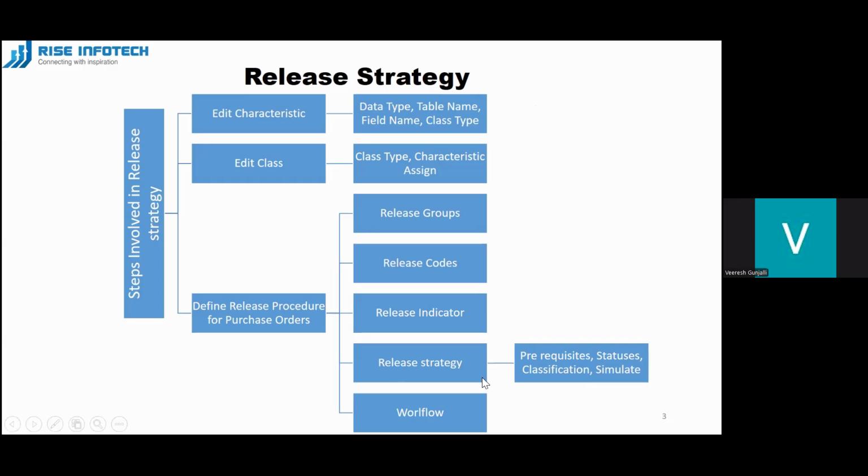Once this strategy is set, we can create the PO with the document type NB, the standard document. Then we can select the purchase organization, company code, purchase group and vendor, and create one PO. We can save it or post it. After that, we can go to ME23 and display it. We can see the release strategy there.